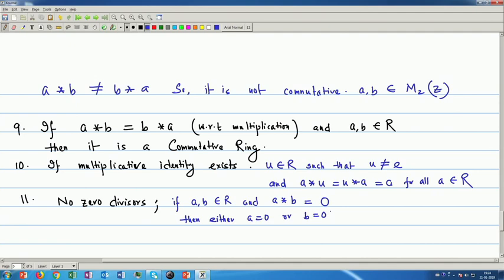Then, if all of these properties 1 to 11 hold.